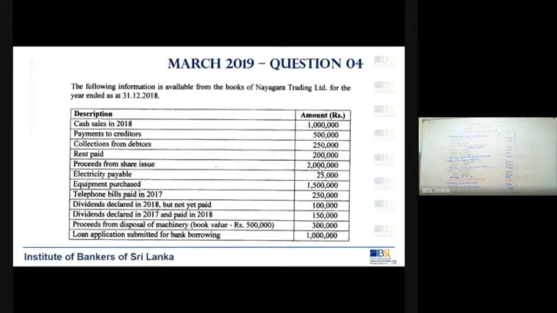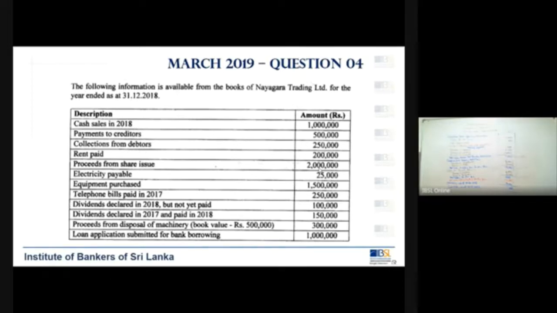This is something to do with the direct method. Direct method. But again, it will be under the same format, like the operating cash flows, investing cash flows, financing cash flows. That won't differ. But the difference here is whether there are P&L balance sheet given or actual cash receipts and payments are given.